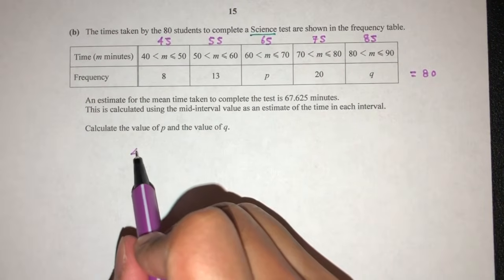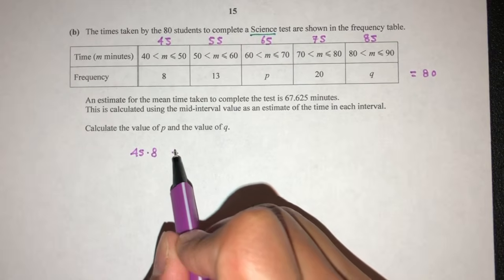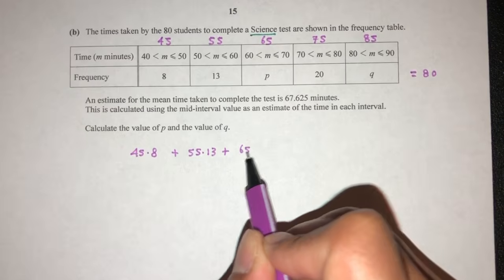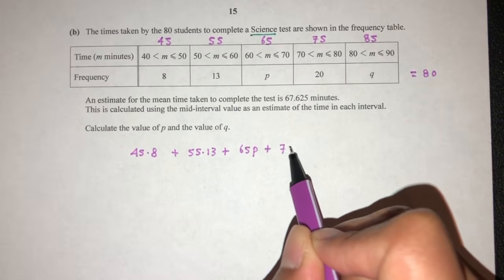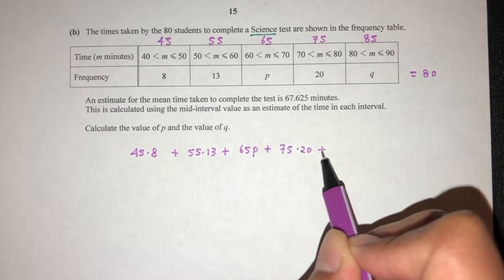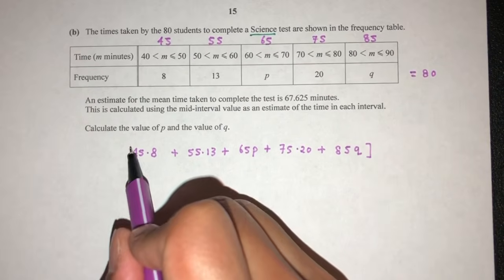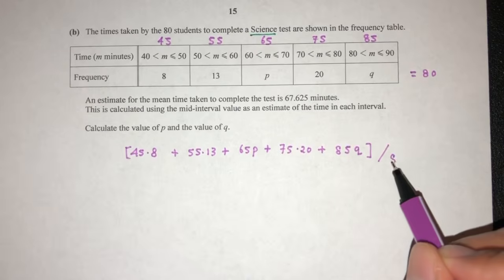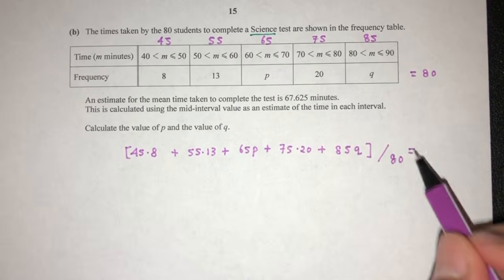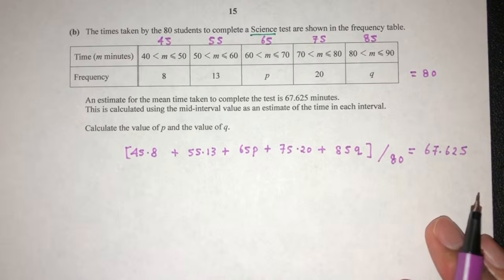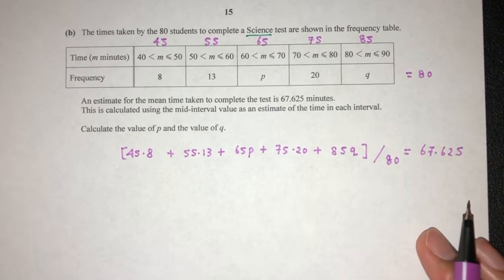We take 45 times 8 plus 55 times 13 plus 65p plus 75 times 20 plus 85q. Then everything divided by the number of students is supposed to give you the value for the mean. Okay, that's what we have, at least an equation in terms of p and q.